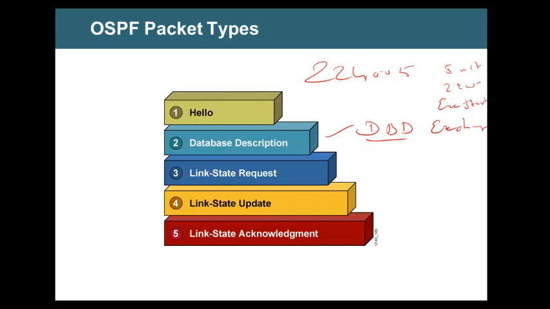And when the receiving router has some query related to some network in the DBD, it will send a request, which is called loading state. After exchange state, the loading state comes. In the loading state only, the response to the request is also sent.